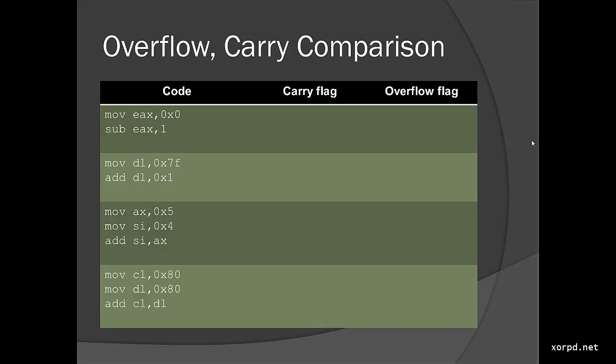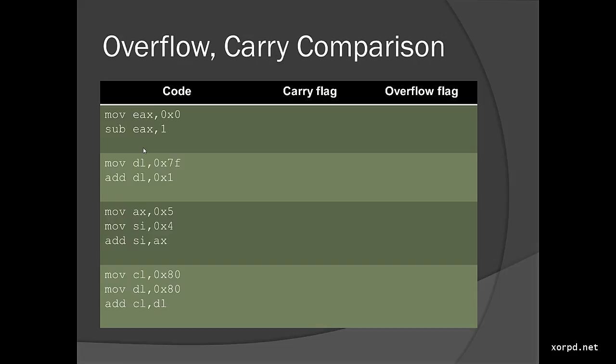Let's try to do some more advanced comparison, just to make sure that you understand the difference between the carry flag and the overflow flag. What we have here is 4 different chunks of code. For every different chunk of code, we are going to try to understand what is going to be the result, and also how the flags are going to be affected.